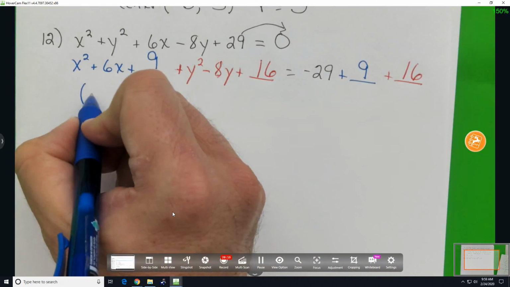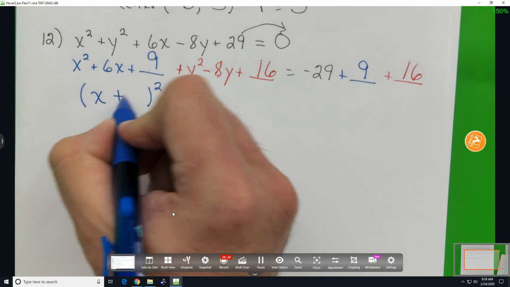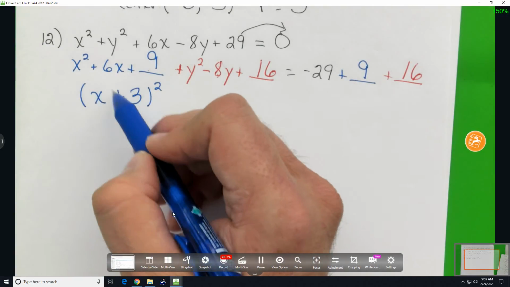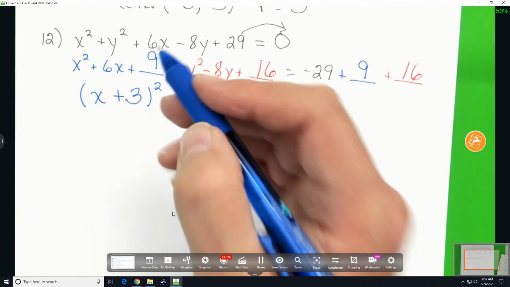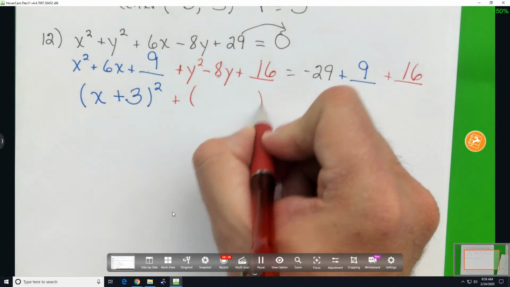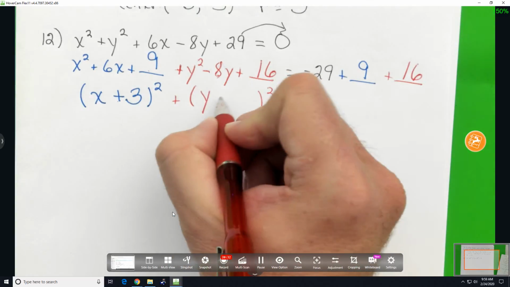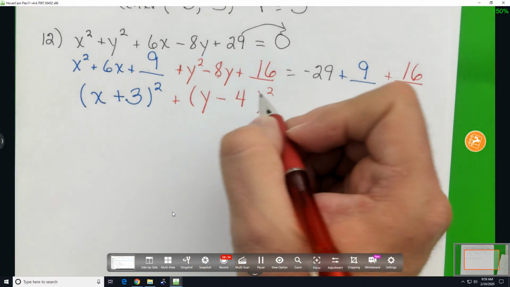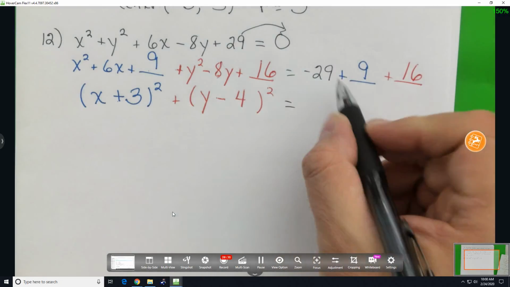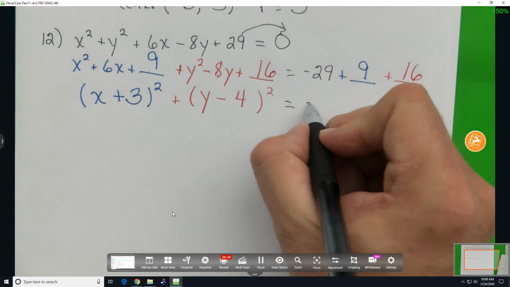Okay, so this would be an x and a plus 3. Carry down the x, carry down the plus, square root of 9 is 3. What about the y's? It would be a y minus 4 equals negative 4.